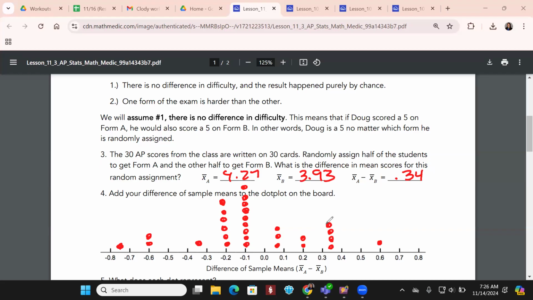All right. So what do we call this guy? Like, what is this dot plot's name? Randomization distribution. So we randomize the data, and it's a distribution of the randomization.